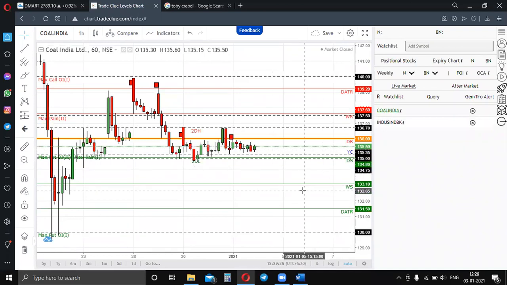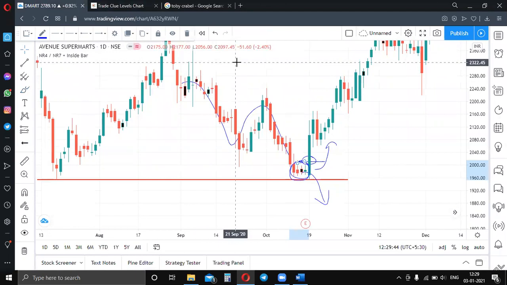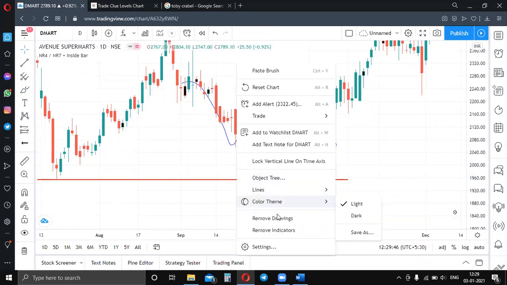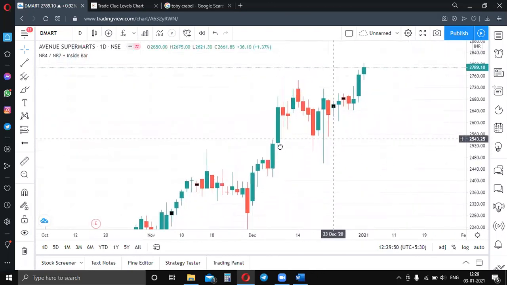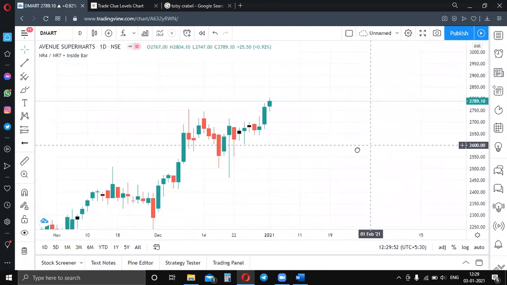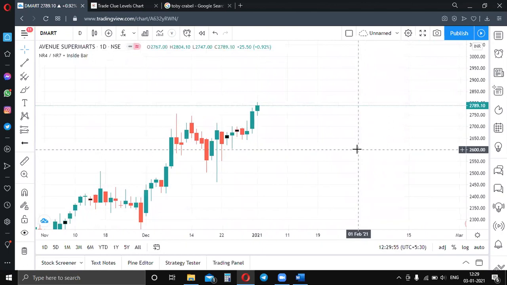First thing first, I generally track all the markets in the morning hours. So at any particular day at 9 a.m., I go and check all the world indices. I see what kind of day it is.